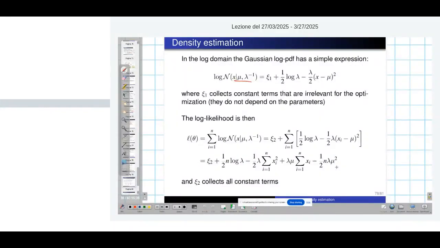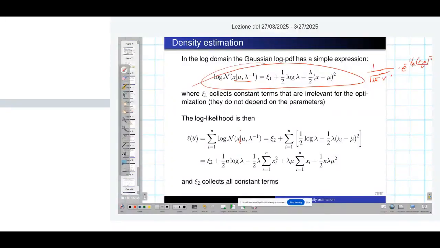Now, what is the logarithm of the Gaussian density? I don't know why here it's missing all the i's. We need to remember the Gaussian density: 1 over the square root of 2 pi sigma squared, but let's write it with the variance, so 2 pi v inside the square root, times the exponential of minus 1/2 (x minus mu) squared divided by v.